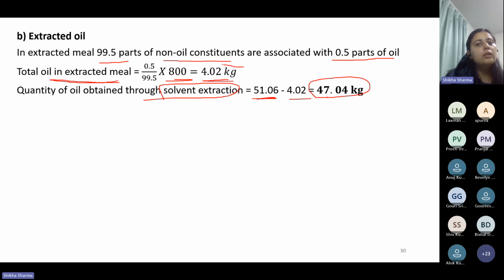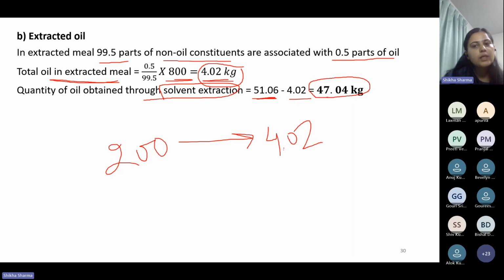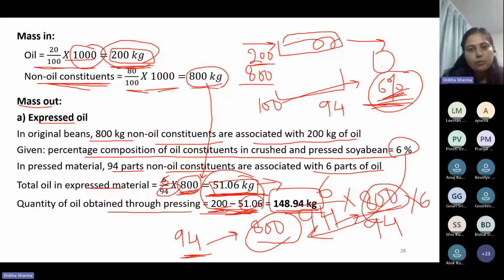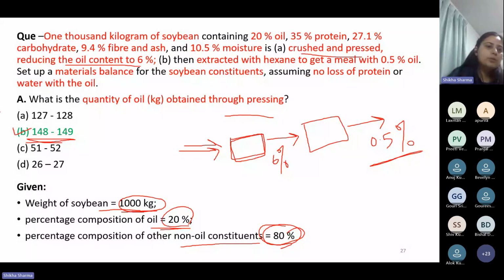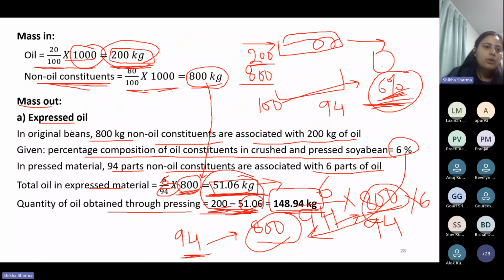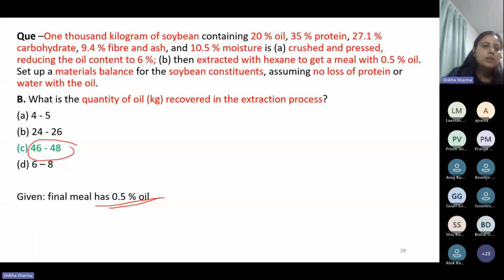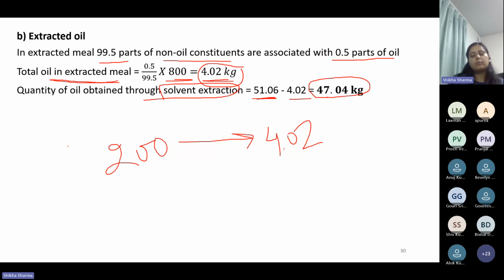From 200 kg of oil we are losing around 4.02 kg, and the rest is recovered: around 148.94 kg, which is option B, from mechanical pressing, and around 47 kg using the solvent extraction process.